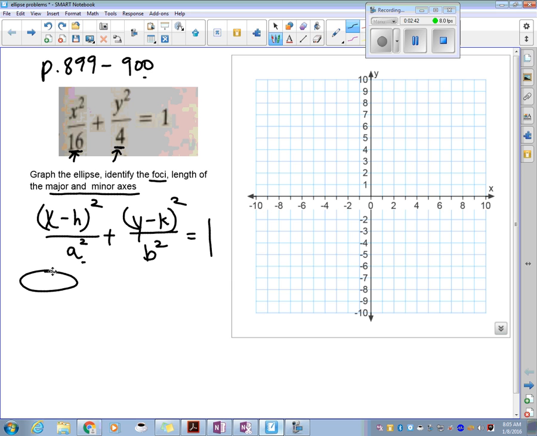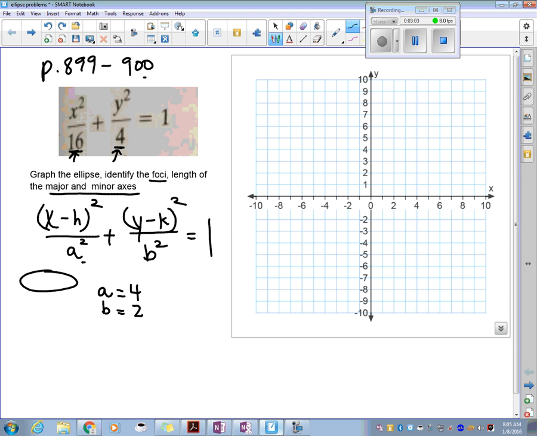So if a squared is 16, then a is 4. And if b squared is 4, then b is 2.